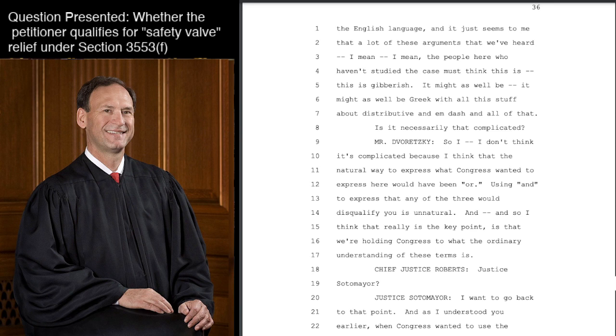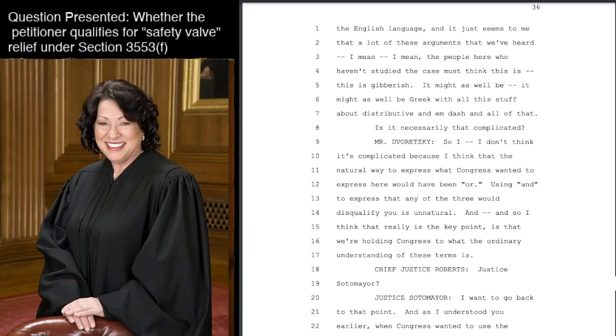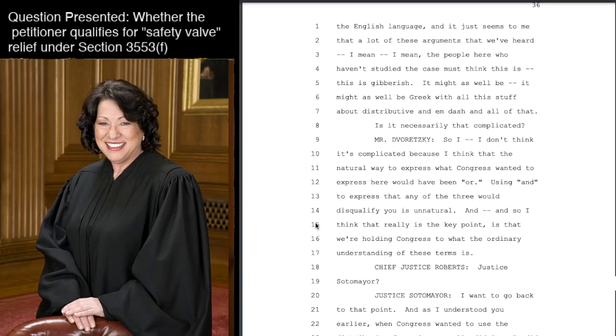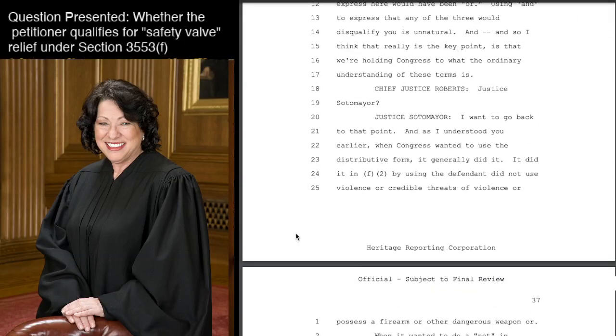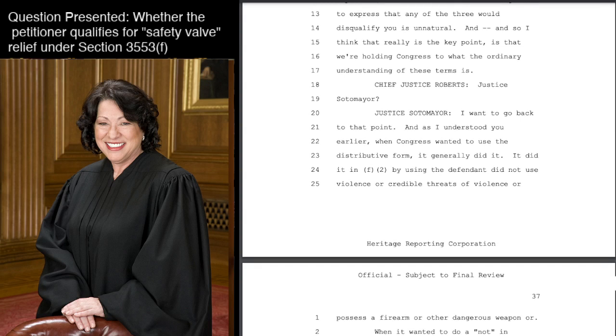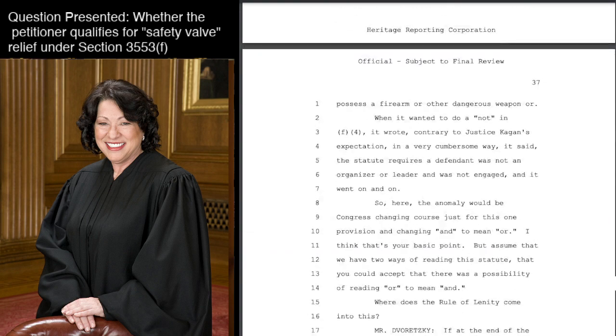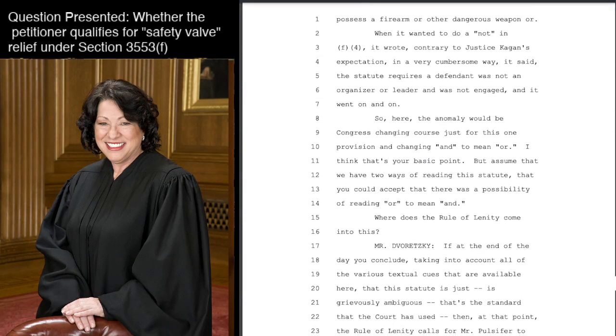Justice Sotomayor? I want to go back to that point. As I understood you earlier, when Congress wanted to use a distributed form, it generally did it. It did it in F2 by using the defendant did not use violence or credible threats of violence or possess a firearm or other dangerous weapon or.